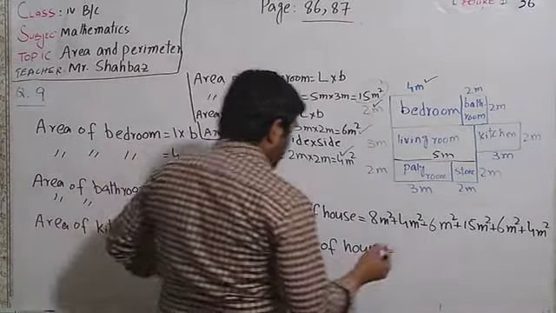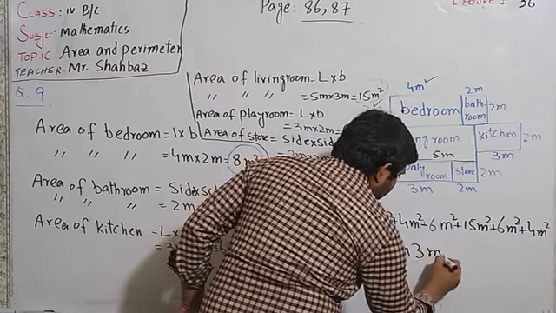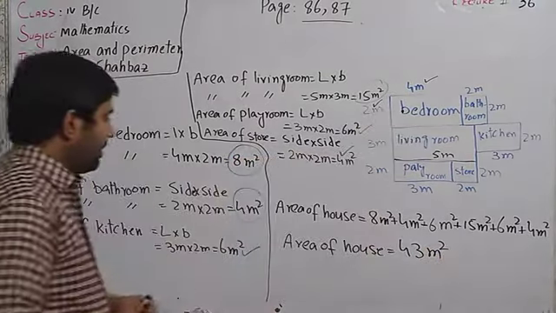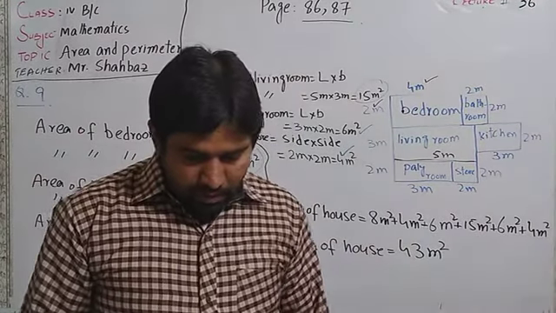The area of the house will be 43 meters square. This is the answer of question number 9.